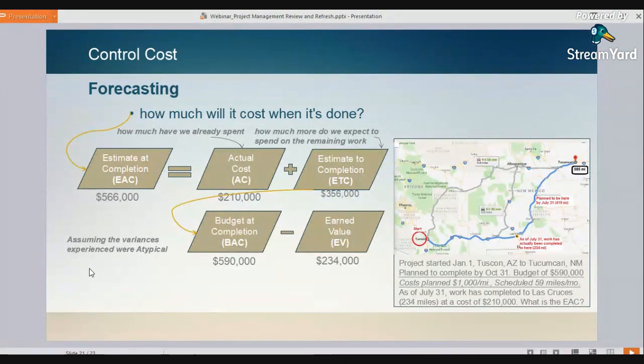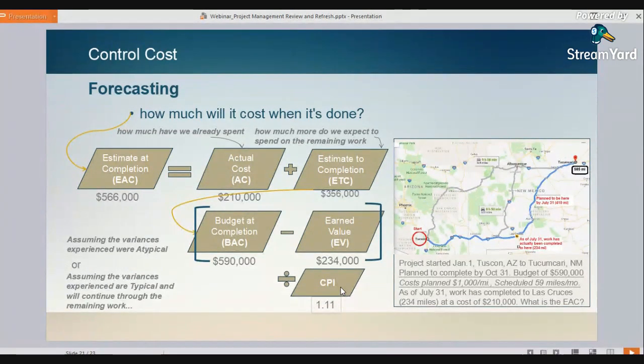assuming that our variances up to this point were atypical. If we looked at getting the work done from Tucson to Las Cruces, we came in under budget. If we expect that under budget performance to continue throughout the rest of our road work, we could factor in our cost performance index and divide our estimate to completion by 1.11.